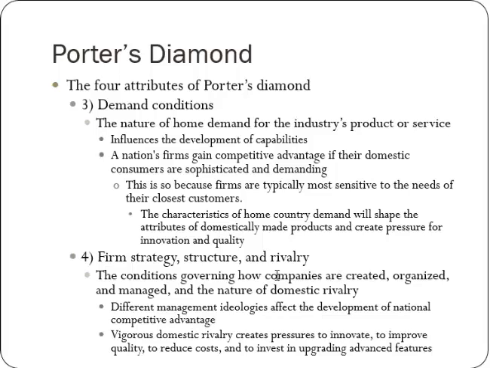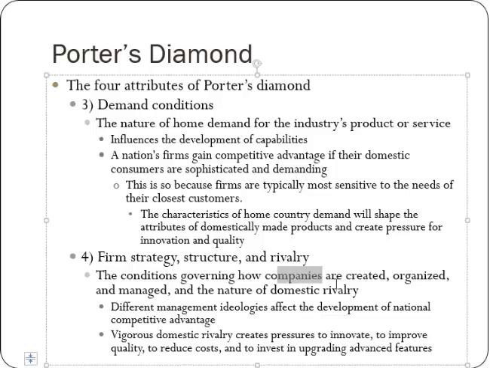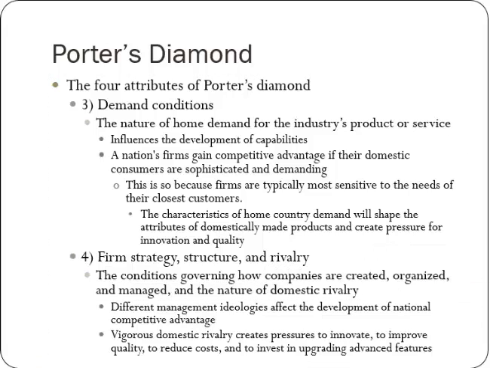Finally, firm strategy, structure, and rivalry, which are conditions governing how companies are created, organized, and managed. Is there vigorous domestic rivalry? Is there vigorous domestic competition? If there is, between General Motors and Chrysler and Ford, or between Apple and Google and Microsoft, that causes innovation.